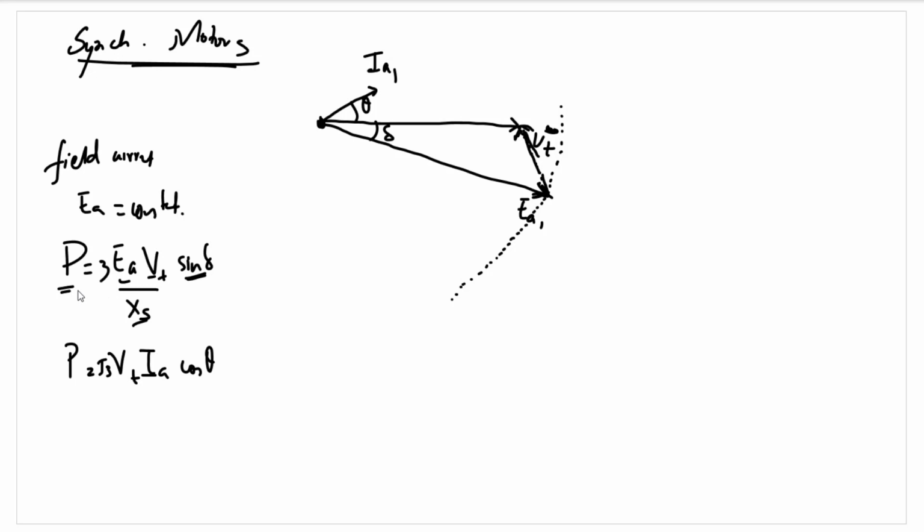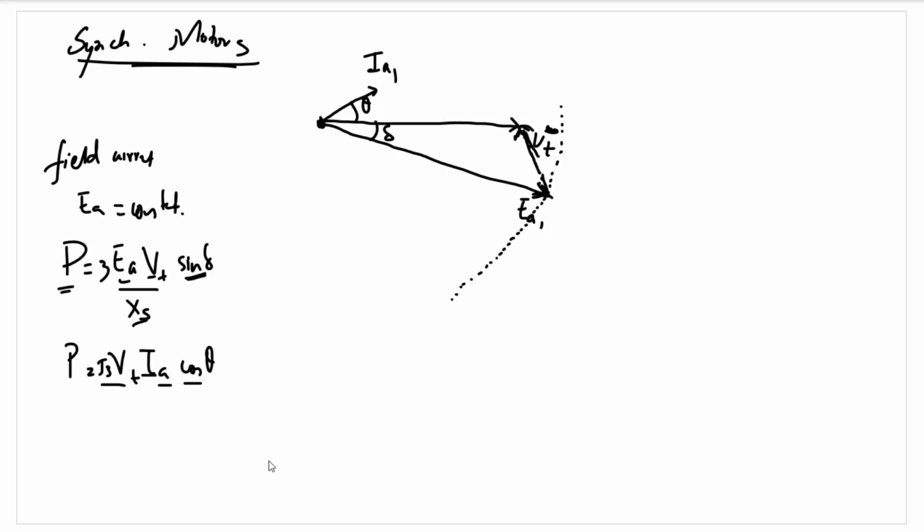That means actually the angle delta has to change. And accordingly here root 3 VT is constant. IA is no longer constant. As we increase the power, the current demand will also increase. Simultaneously, cos theta can also change for accounting for the increased power demand.